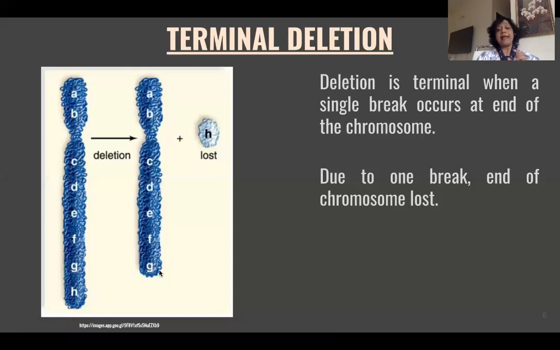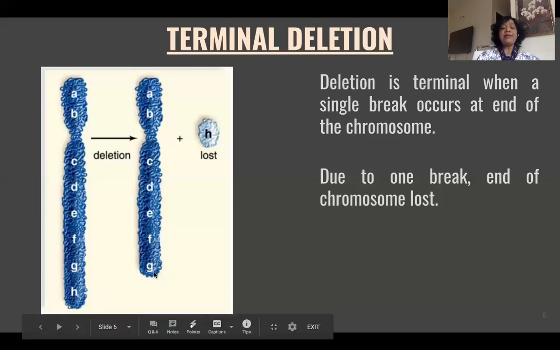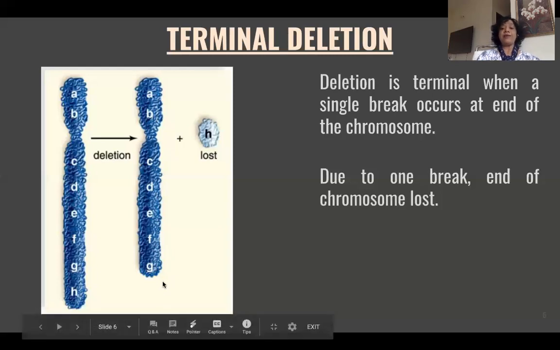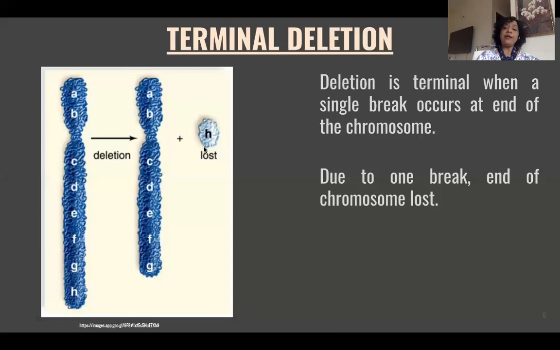From where the segment is lost, what is the position? The position is terminal. And because it is a terminal position, a small segment is lost from the terminal position. So that's why it is called terminal deletion. So you can see the lost portion over here, a small segment, and it is written lost. So why is it written lost over here?